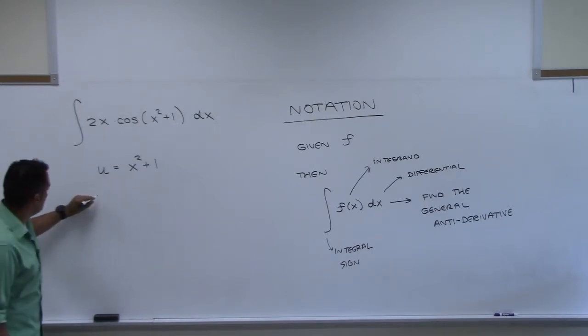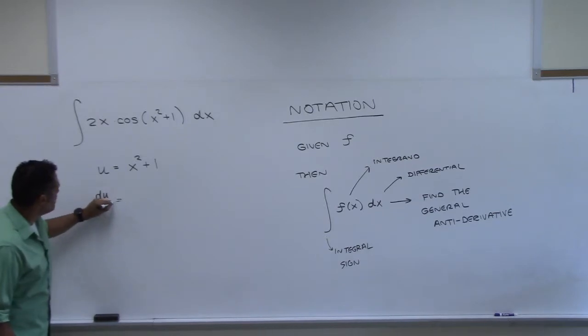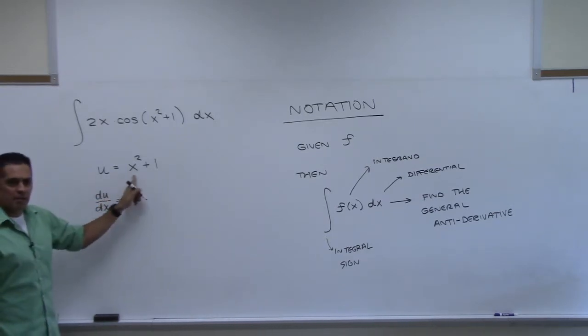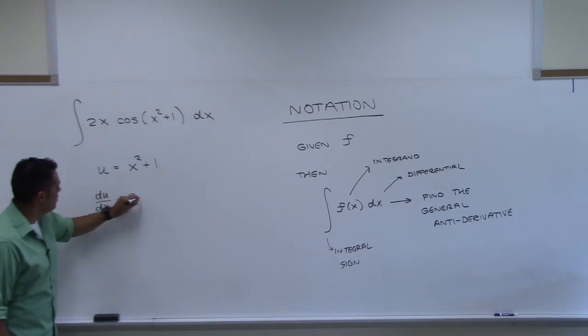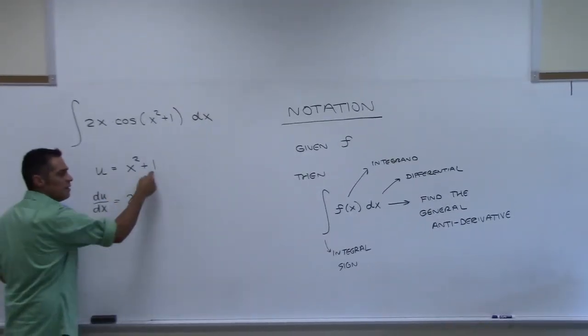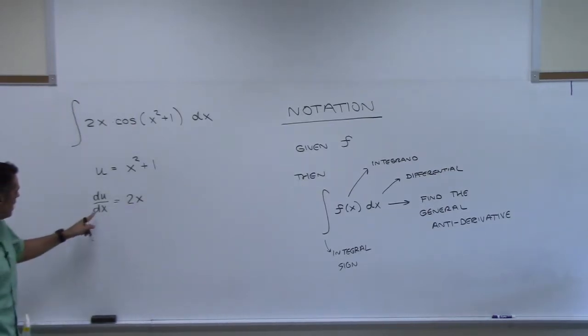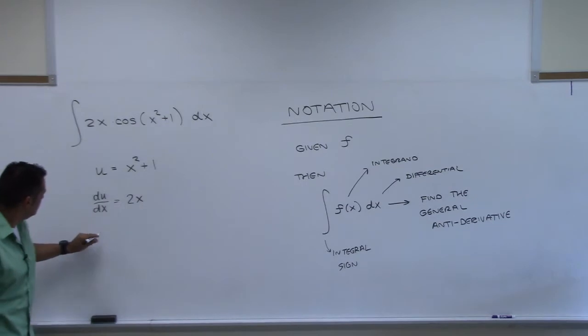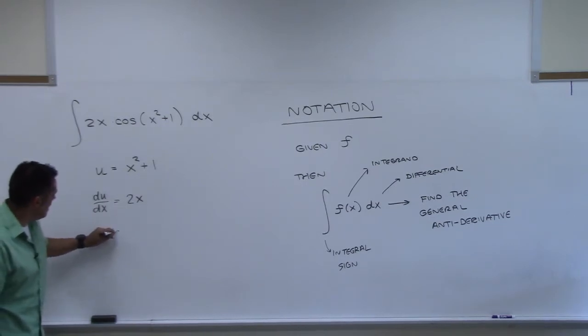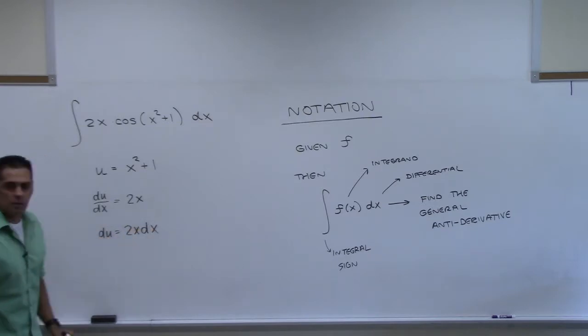In other words, the left side becomes du dx, and the right side, the derivative with respect to x of this is just 2x. Derivative of x squared is just 2x, derivative of 1 is 0. Now, one additional step. I'd like to get that dx over here, so I'm going to multiply both sides by dx. Okay, y'all with me?